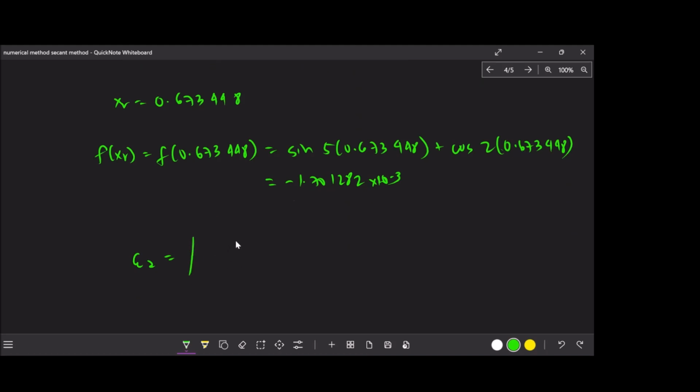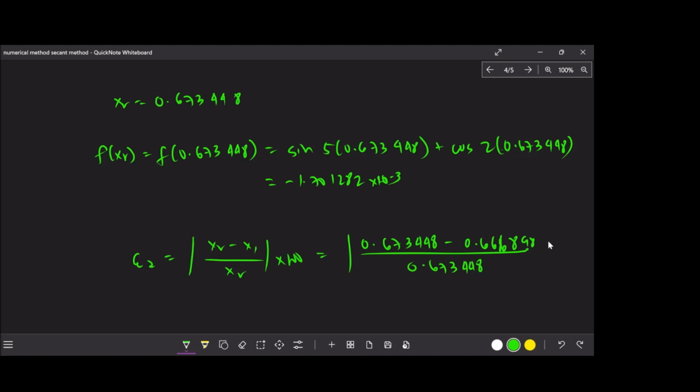Solving for our absolute error, times 100. So this is equal to (0.673448 minus 0.666898) over 0.673448, times 100.